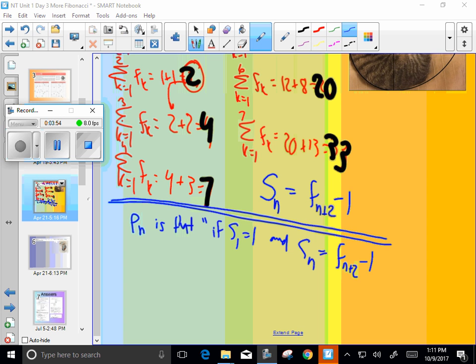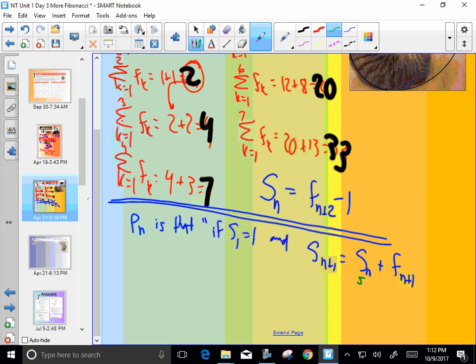And S sub n plus 1 is equal to the previous one, S sub n, plus the next term, f of n plus 1. So this is what you do with any sum formula: you take the sum of all the previous and add the next term. That's kind of clunky, but I think that's all right.